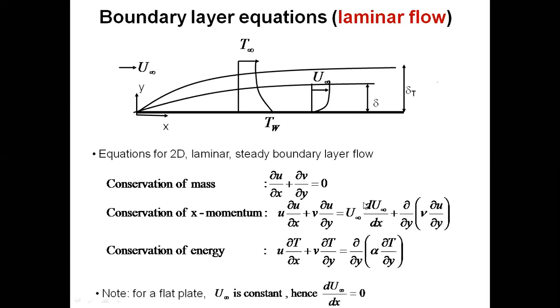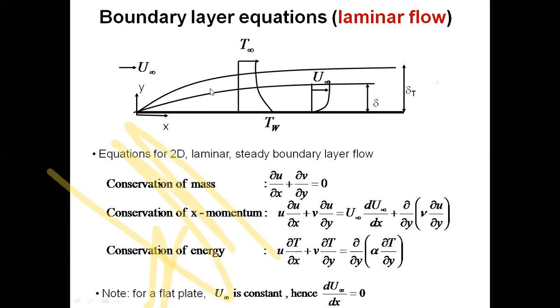Once again, please note that for a plate, U infinity, the bulk fluid velocity, is constant. Beyond the boundary layer, du by dx is zero; the flow velocity is not influenced by x, the distance from the plate leading edge.